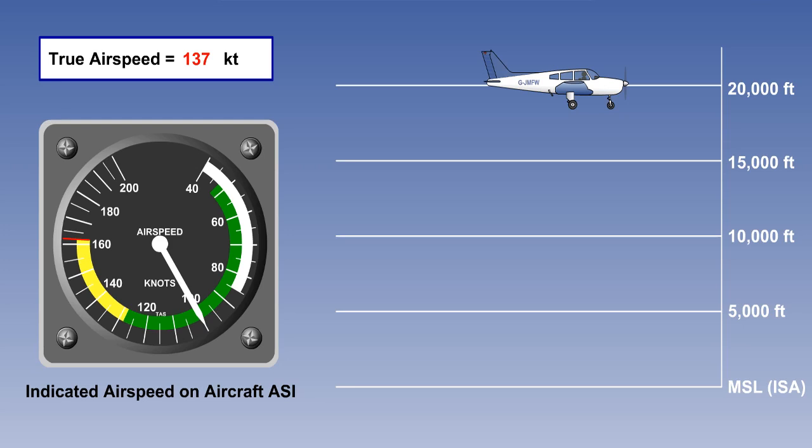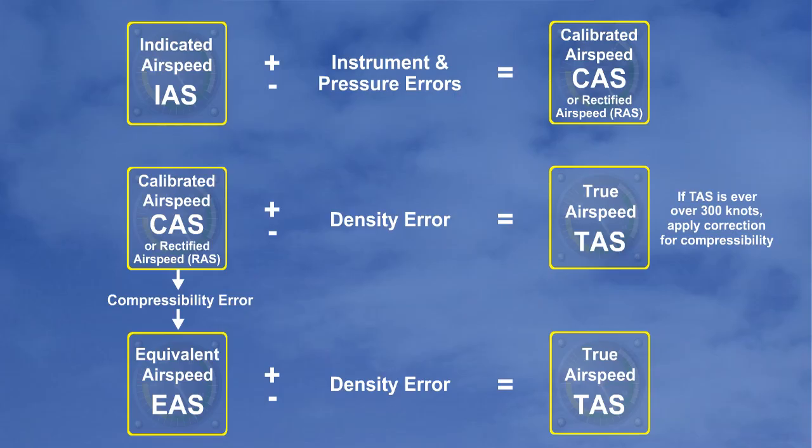Note, however, that if the calculated TAS is greater than 300 knots, then a correction for compressibility must first be applied to the CAS. So, if the calculation for TAS results in a TAS of more than 300 knots, the remaining correction to consider is known as compressibility error, and we have to go back to the CAS to apply this correction.